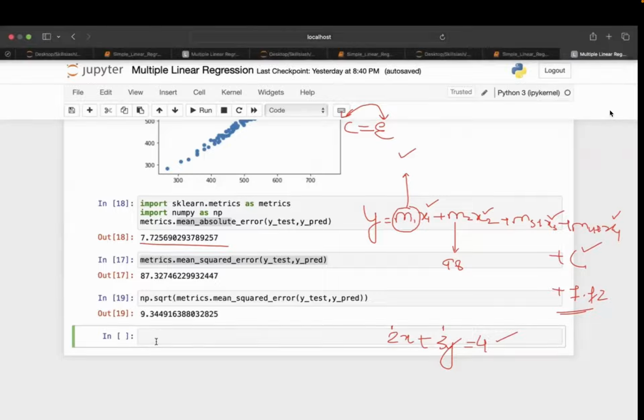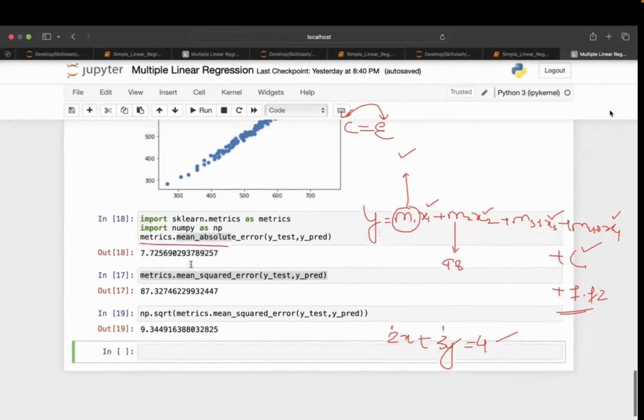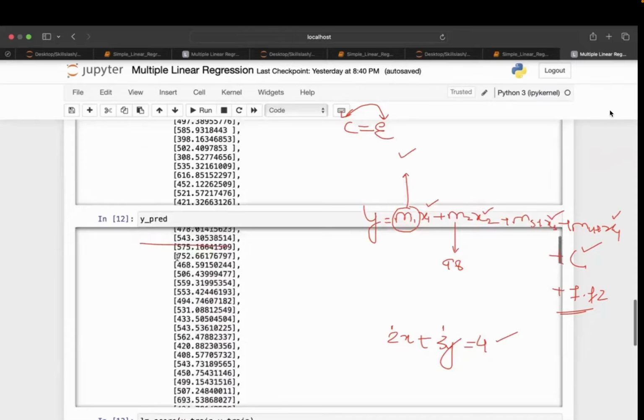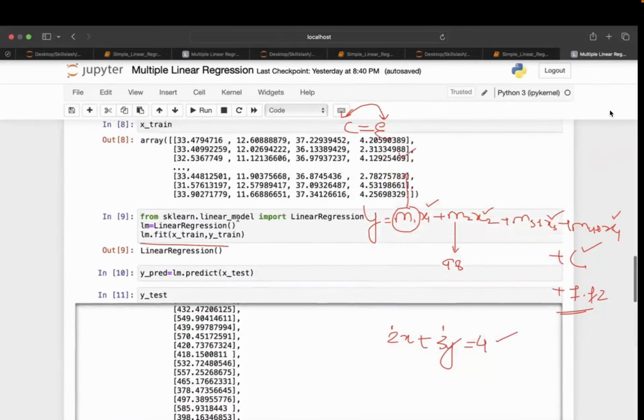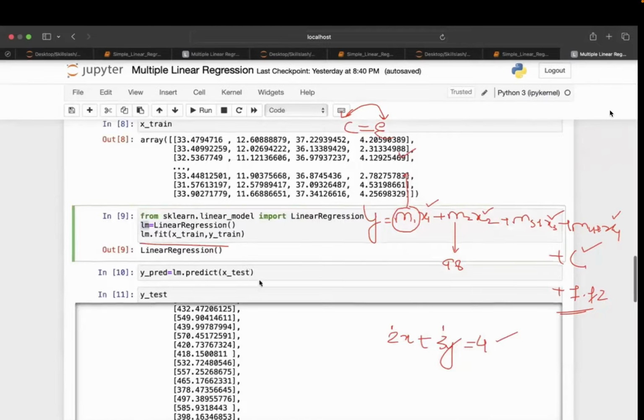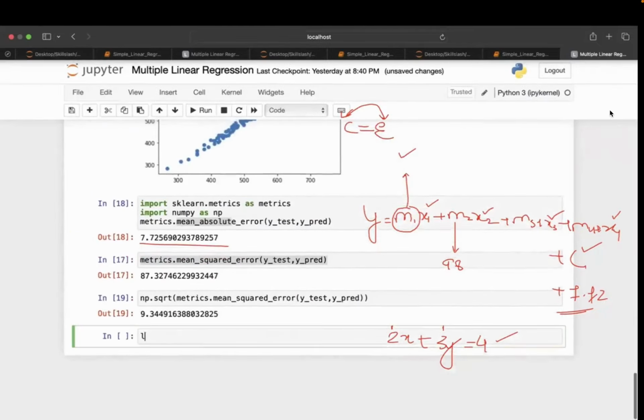We have a method available in linear regression called lm.coefficient. Let me check in which variable I saved my linear regression model. This is lm, right? So I'm going to use lm only. lm.coefficient. If you use tab, you will see that this is the method that will help us identify the coefficient of every variable.